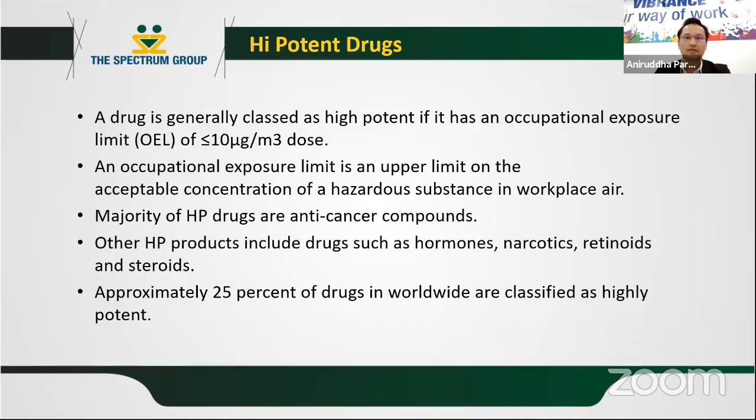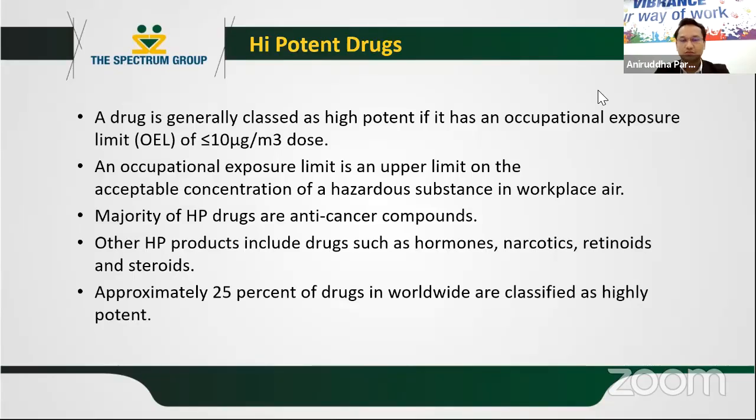Basically, a drug is classified as a high potent drug if its occupational exposure limit is less than 10 microgram per meter cube. That's the category we look at as a high potent drug, and high potent drugs majorly comprise the anti-cancer compounds.